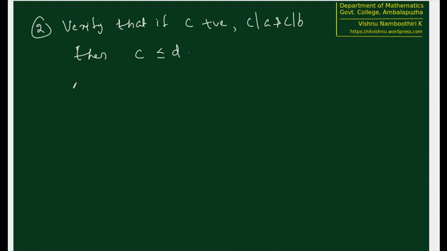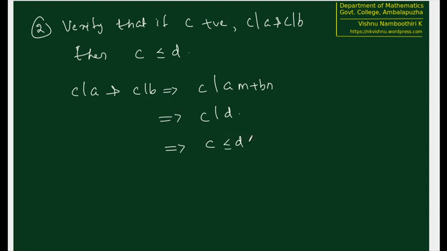Okay, C divides A and C divides B. So that definitely implies that C divides AM plus BN for any M and N. Therefore, in particular, this implies that C divides D. So C is positive, D is positive, therefore C must be less than or equal to D.